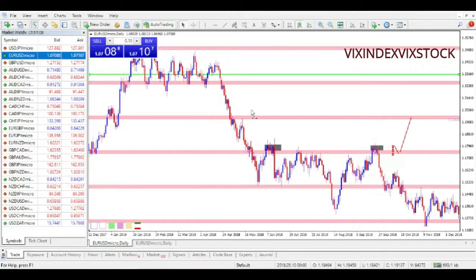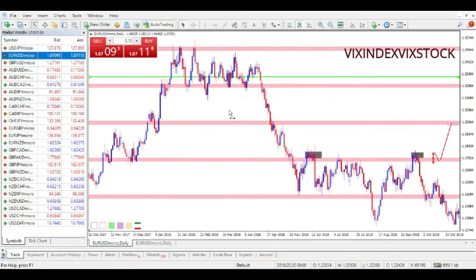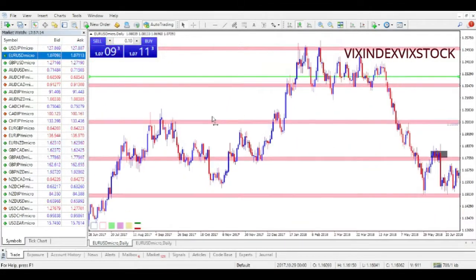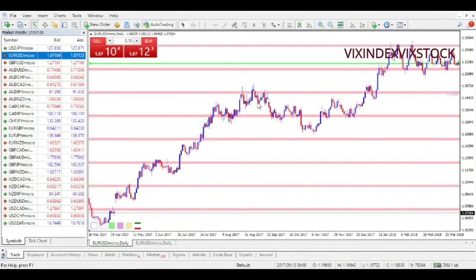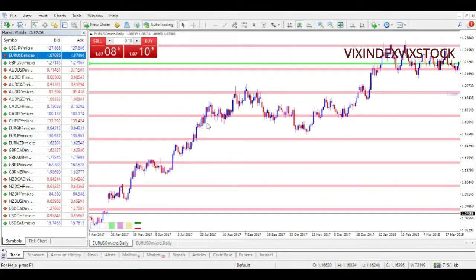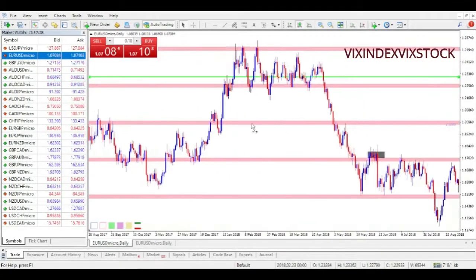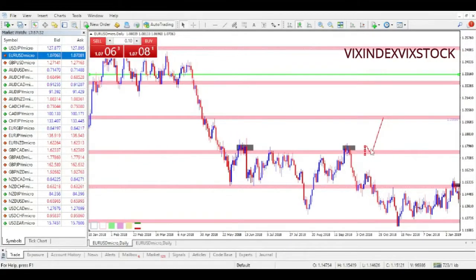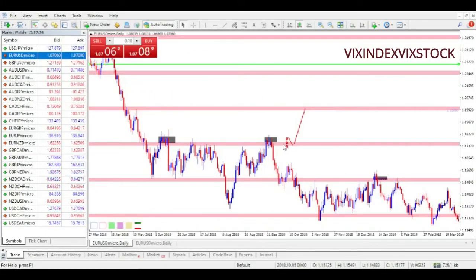So if you are a person who is watching a price in range, it usually happens when prices are in a range, that's where you get these bullish traps as well as the bearish traps. So usually when prices are about to break out of a zone, be mindful of this.